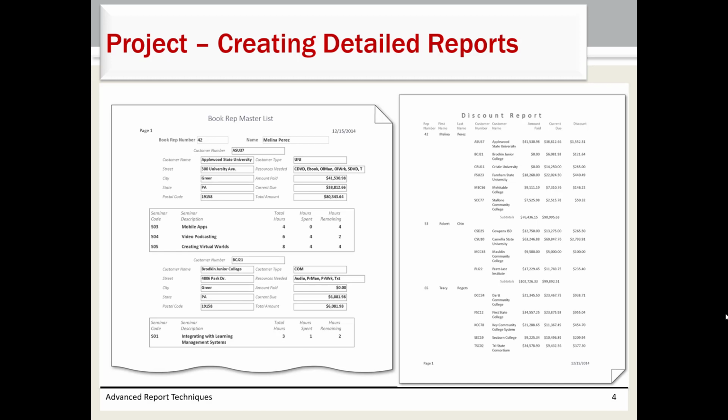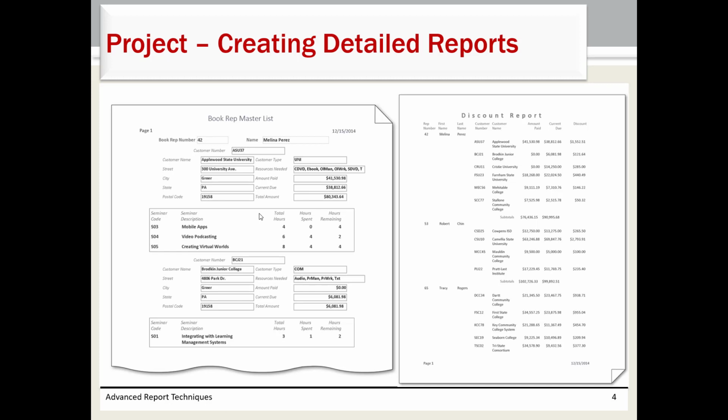In this chapter, we are going to work on this project. We are going to design these reports. The first report, which is the book rep master list, is for the Bavant Publishing Company. We have already worked with that database.